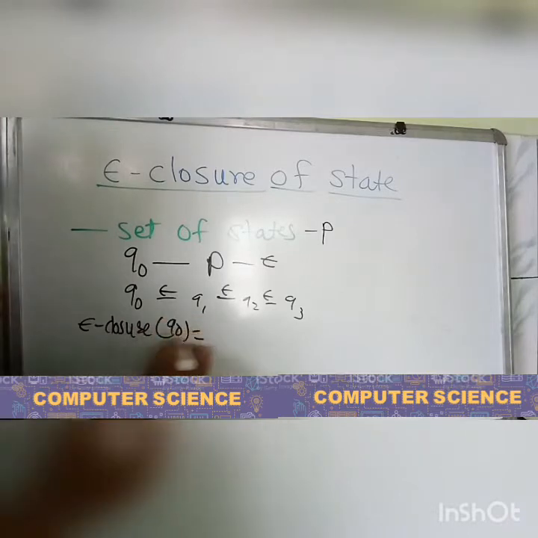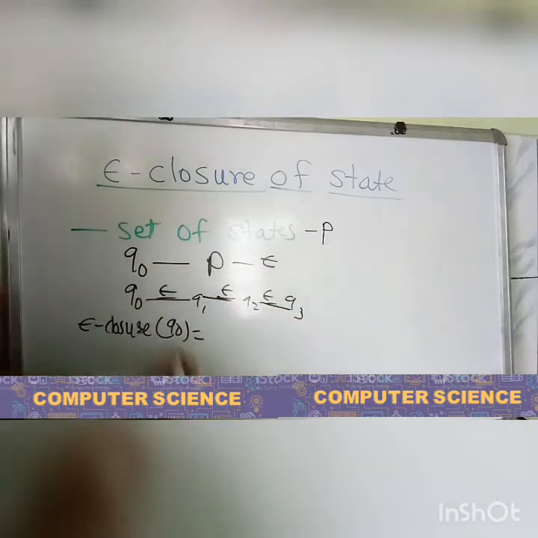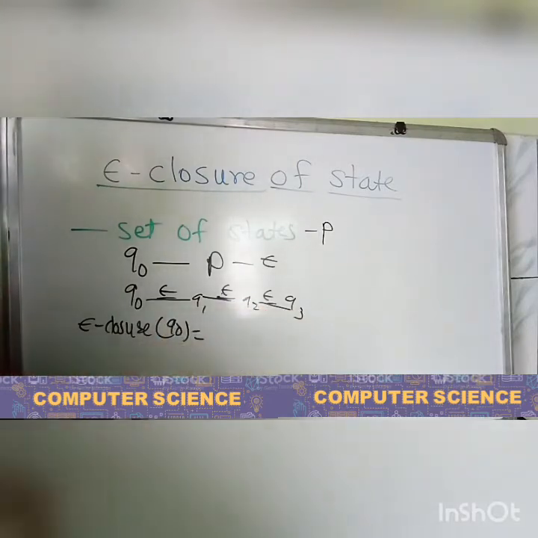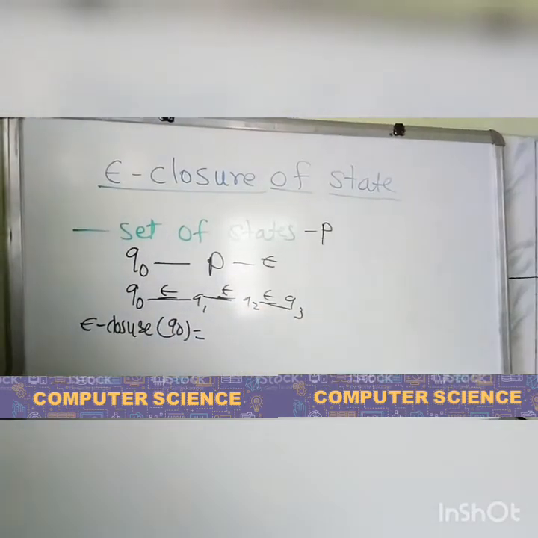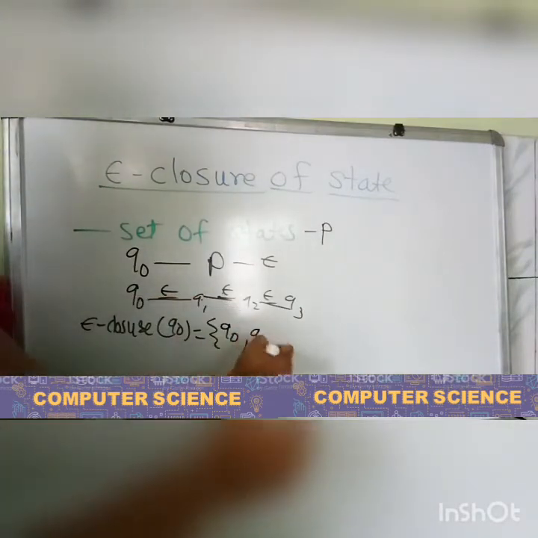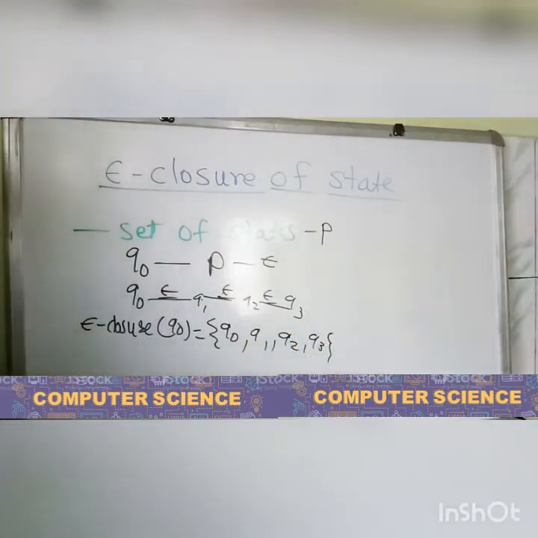Then we have to find the path as long as it goes with epsilon. Q0 and Q1 are connected by epsilon, Q1 and Q2 are connected by epsilon, Q2 and Q3 are connected by epsilon. So the states in the epsilon closure are Q0 itself, Q1, Q2, and Q3.